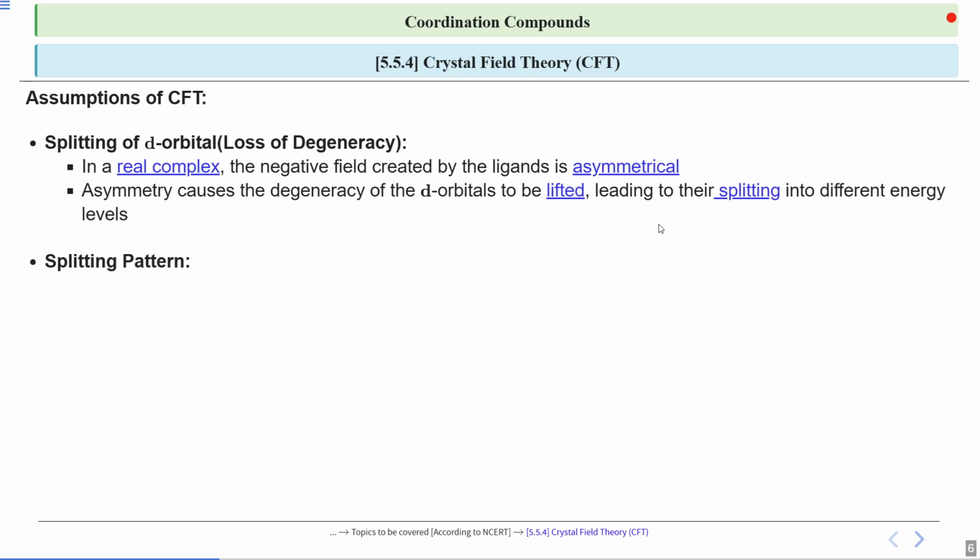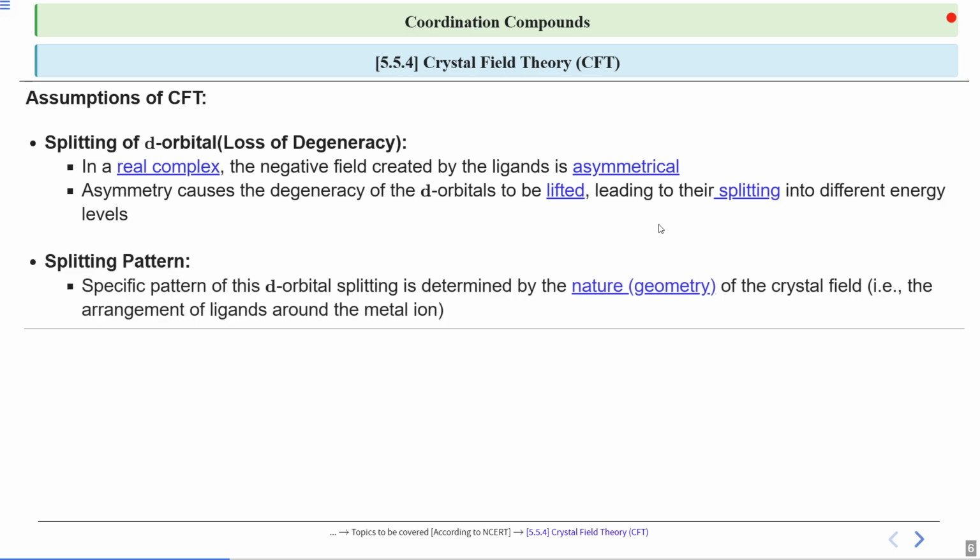Now what is the splitting pattern of the d orbitals? If you observe, the specific pattern of d orbital splitting is determined by the geometry or the nature of the crystal field, that is, the arrangement of ligands around the metal ion.